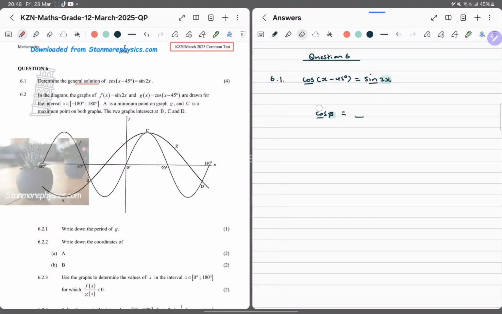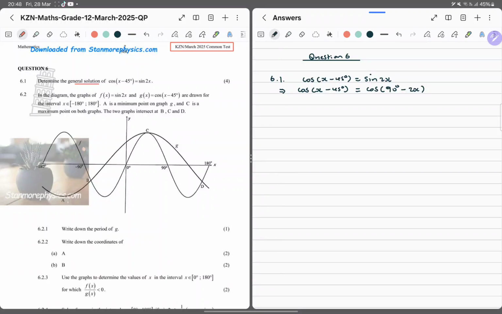So a very careless student, or one who doesn't attend classes, because I've been giving classes on these, a student who doesn't attend classes would want to expand here and run into problems, okay? So be very careful. So this implies that cos of (x minus 45 degrees) is equal to, the cofunction here must have been cos of (90 degrees minus 2x).